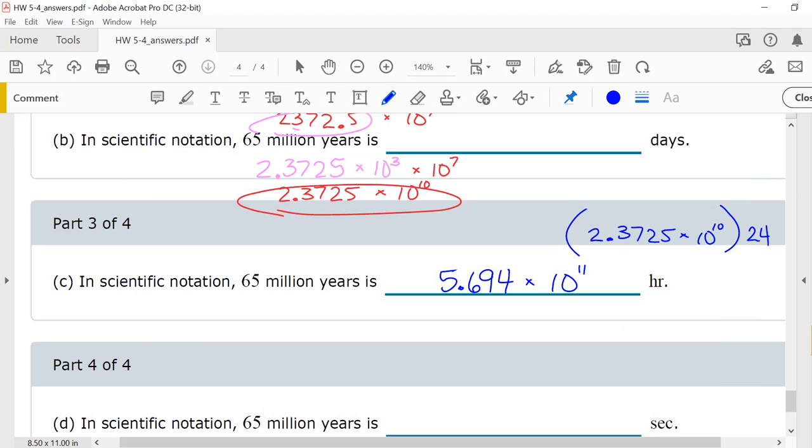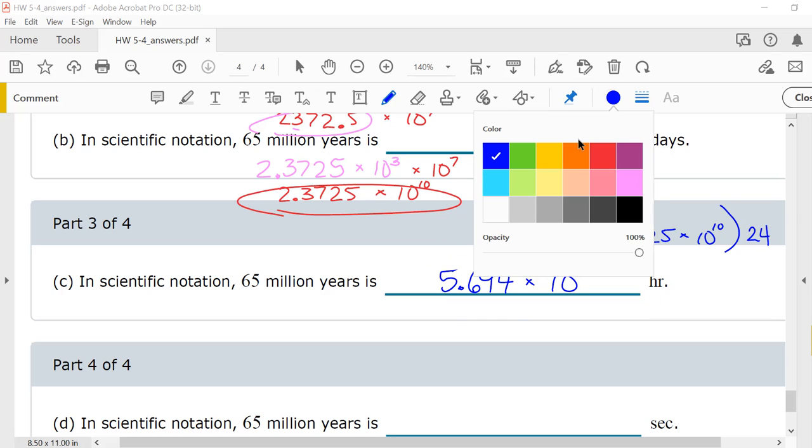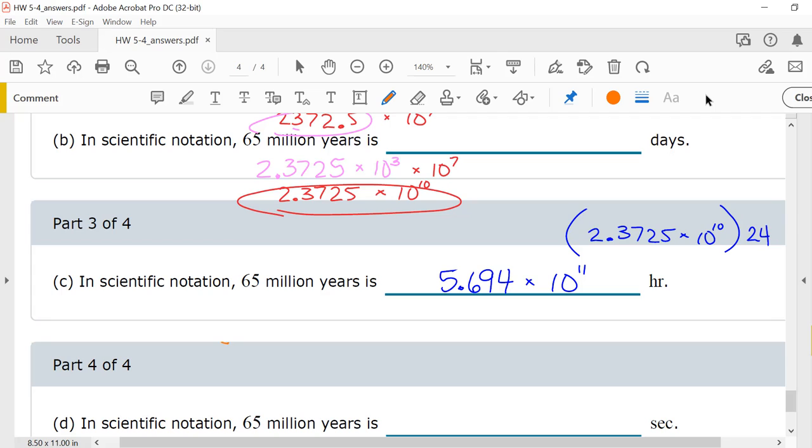Yep. Okay. Then it's asking, 65 million years is how many seconds? So there are this many hours, and each hour has 60 minutes, and each minute has 60 seconds.